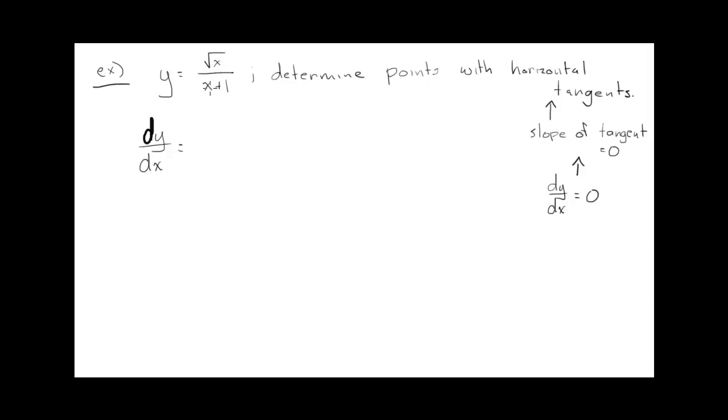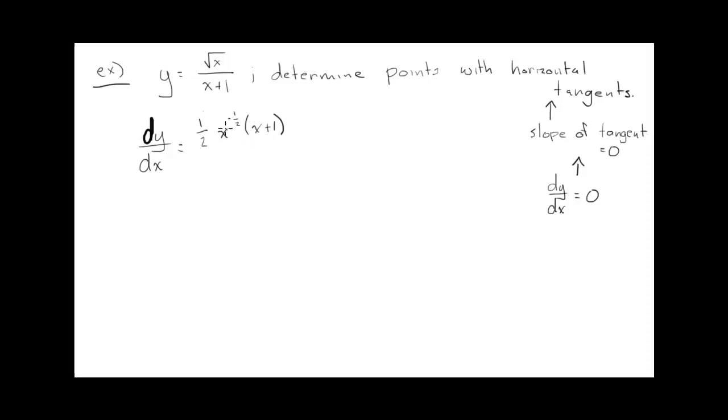So this one is a quotient, so we're going to have to use the quotient rule. You can't simplify this. Well, you could, but it's not going to help very much. So take the derivative of root x. Remember, root x is x to the power of a half. So it'd be 1/2 x to the power of negative a half times the bottom.